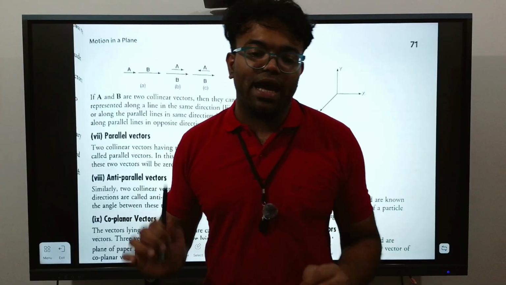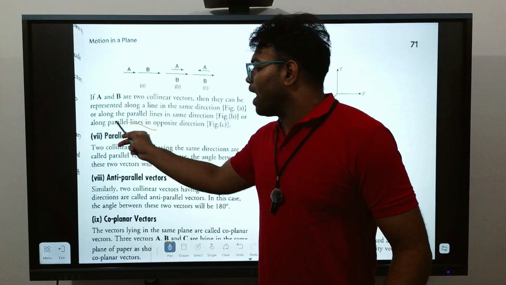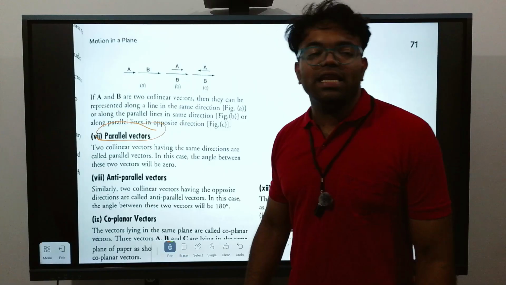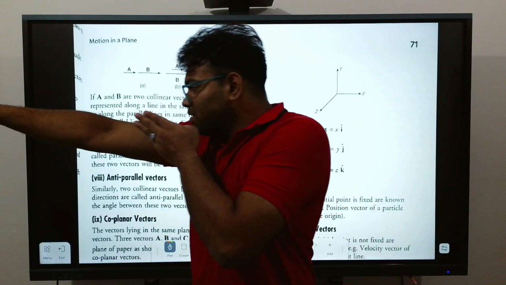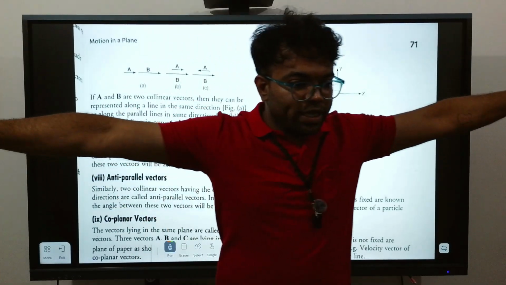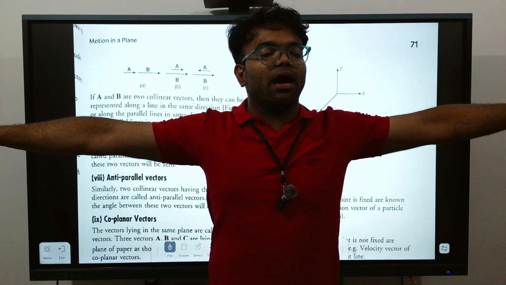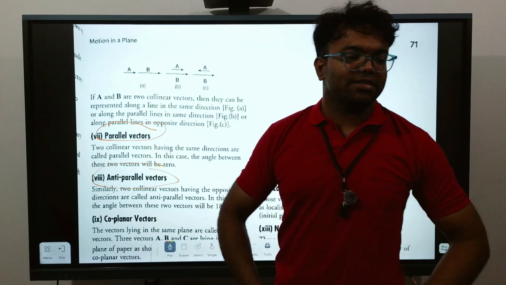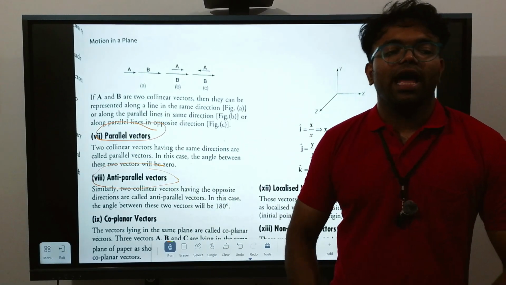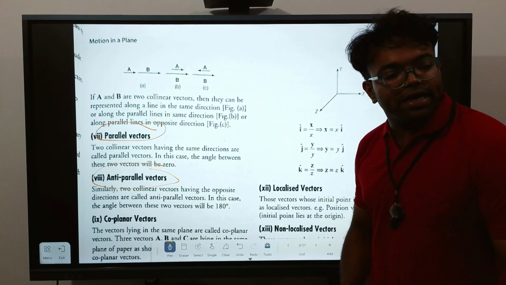If you have the same direction, they become parallel vectors. And if you have the opposite direction, like if one vector is going in this direction and the other vector is going in this direction, both of them are opposite to each other, we call that anti-parallel vectors. Understood?